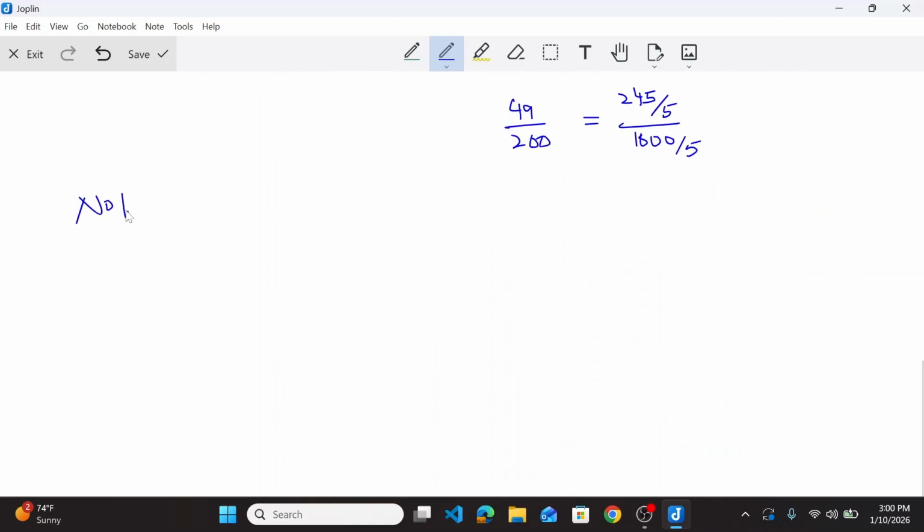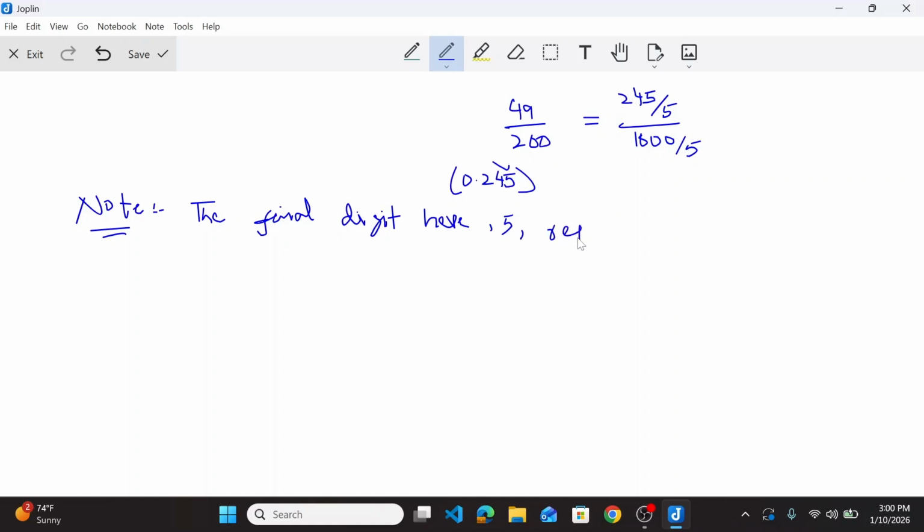Note: the final digit here is 5 in 0.245, and it represents thousandths.